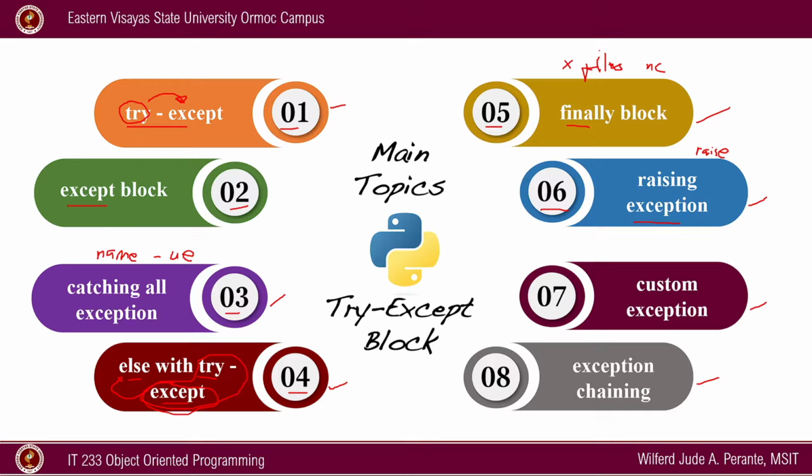So this is useful when you want to trigger an exception based on a specific condition. Okay? Specific condition. So yan si number 6.